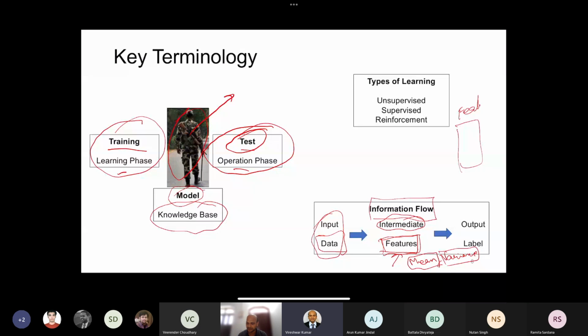This feature set could be in a very large number, or it could be just a set of two features, the mean and variance. That will be a very simple machine learning algorithm, a mean of all pixels or variance of all pixels.